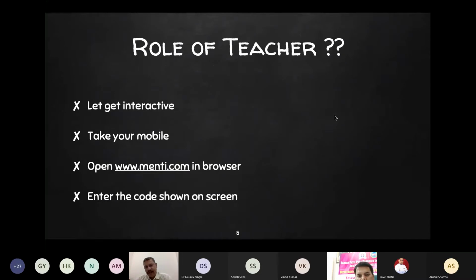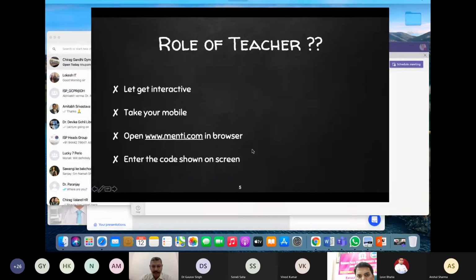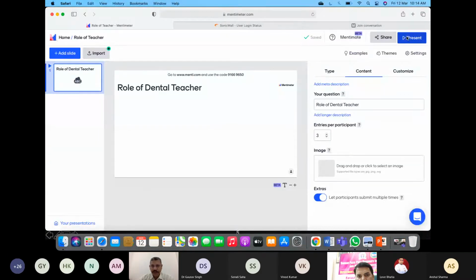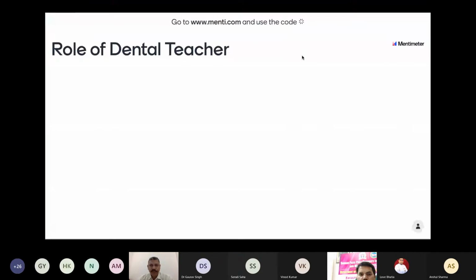At the outset, I want you to get interactive. So I request you to take your mobile, open your browser, go to www.menti.com, and I will show you a code. Just enter that code. Can you see the screen?